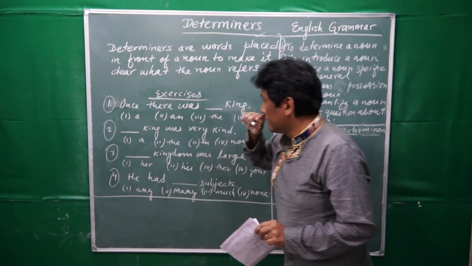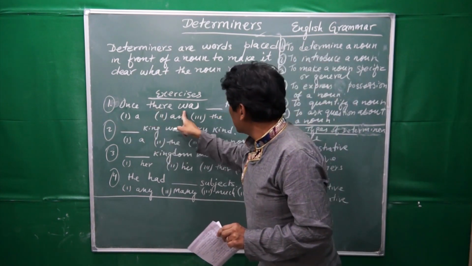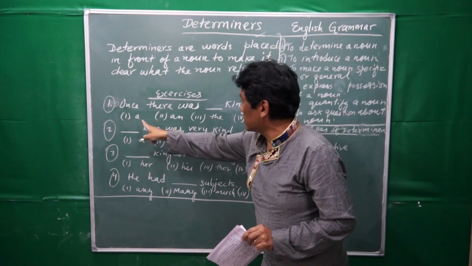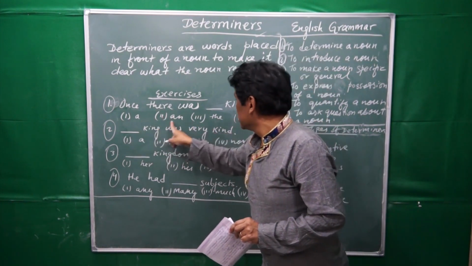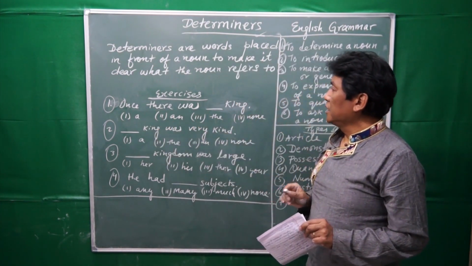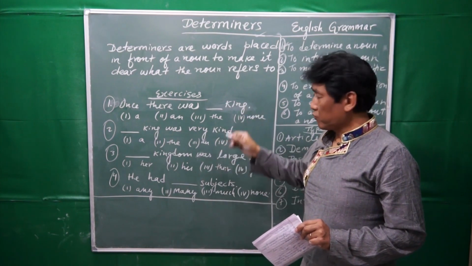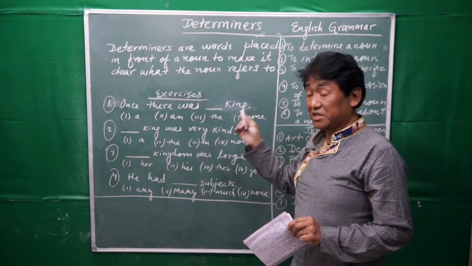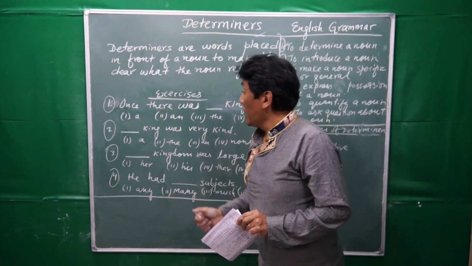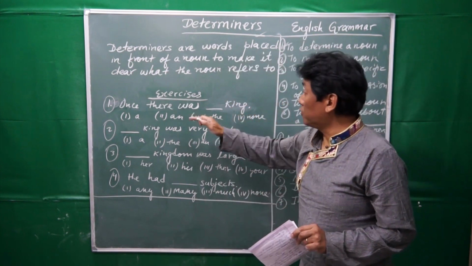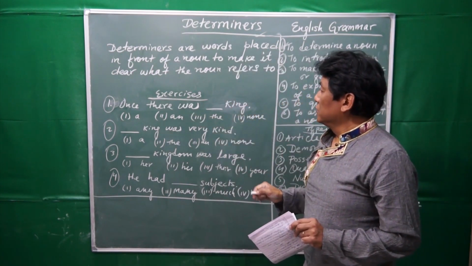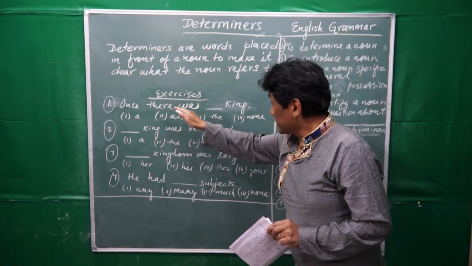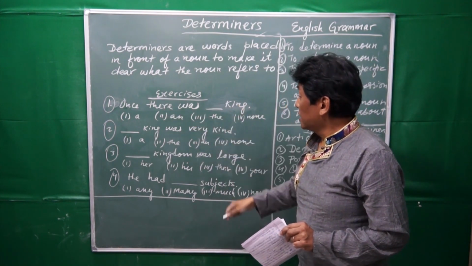Number 1. Once there was dash king, and there are four options here. These are MCQ type of questions which come in the examinations quite often, and you have to pick one from here. Once there was dash king.